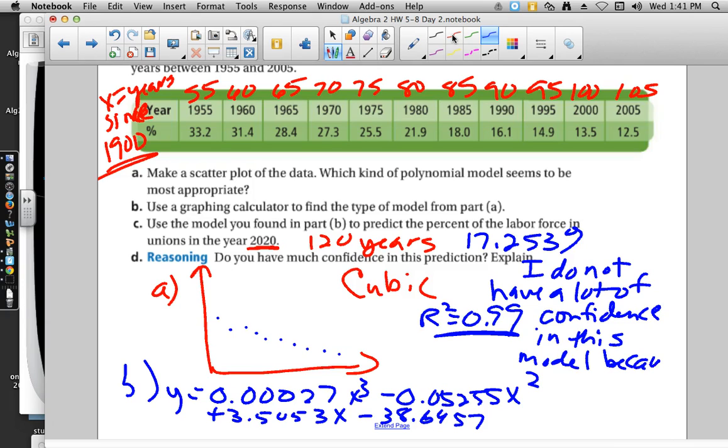Because R will not be equal to 1. That would be the easiest way to explain it. But like I said, I would like to see more of the data. I mean, they skipped around every 5 years. Maybe if we saw all of this data from 1955 to 2005, I might feel a little more comfortable making predictions with it. But right now, this just isn't enough information. And that will be all.